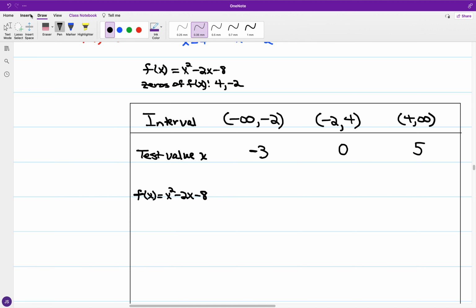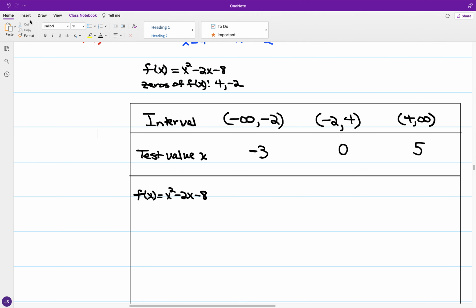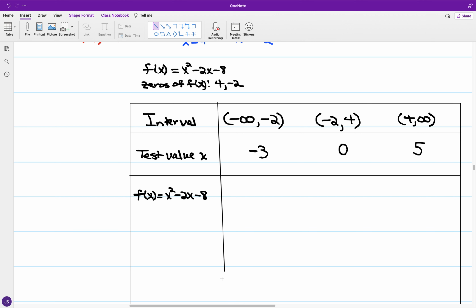All right, so for starters we have our inputs, and we have -3 to start out with.